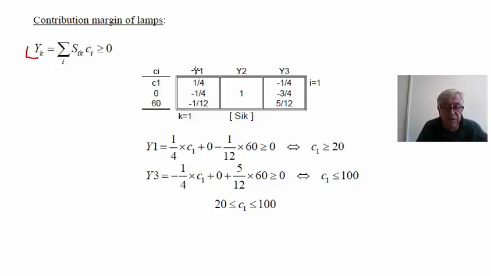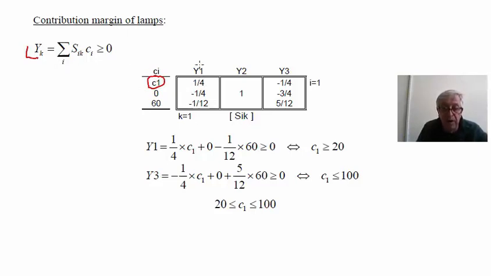This calculation involves the internal product of the columns of matrix Sik by the vector Ci, which has the original coefficients of the objective function corresponding to the basic variables of each line. But since we want to perform the sensitivity analysis to lumps, the contribution margin of lumps is introduced here as an unknown. And then we just need to perform these calculations.